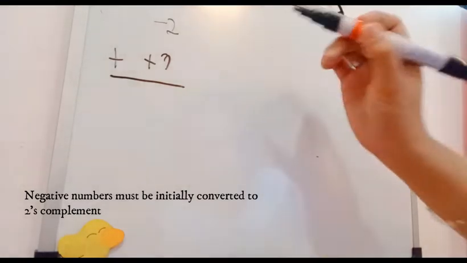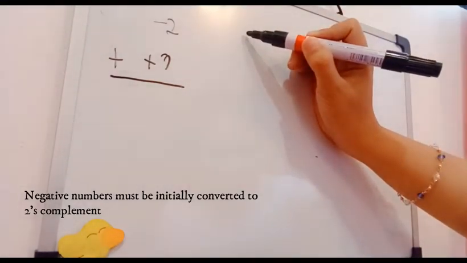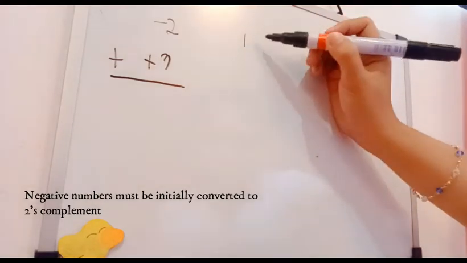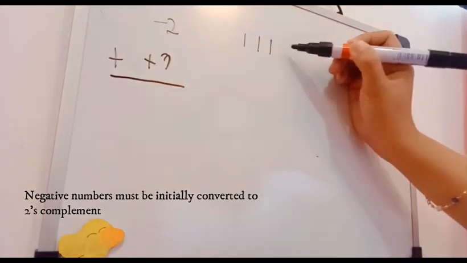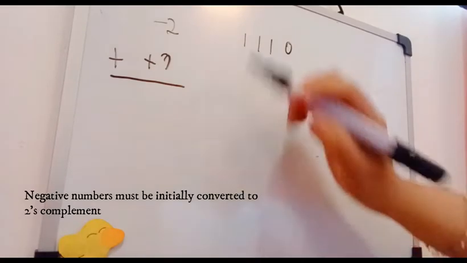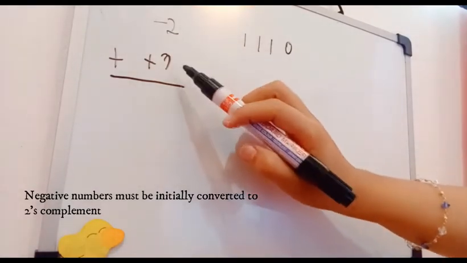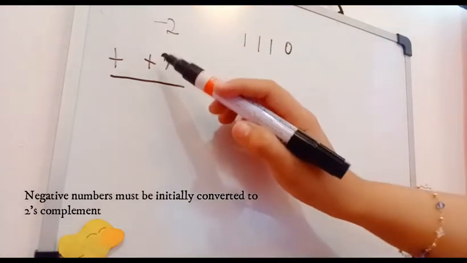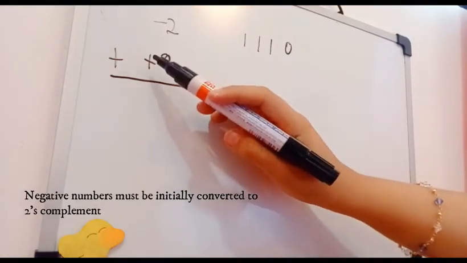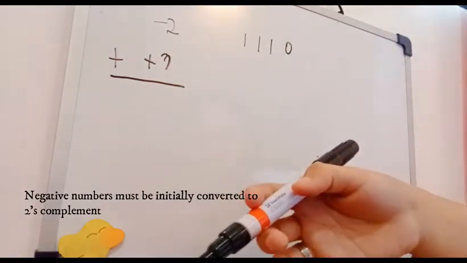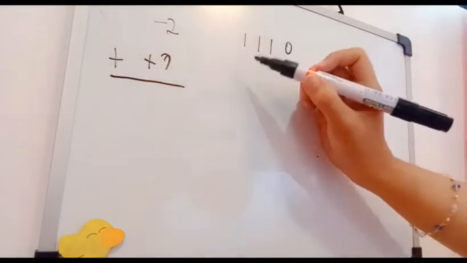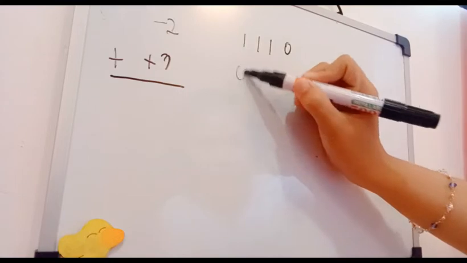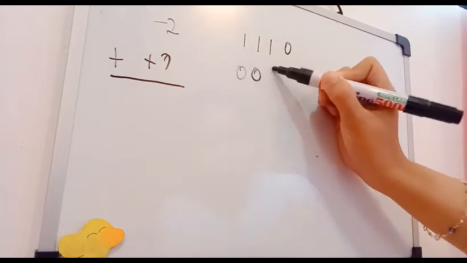So, diretso ko nilang gawin dito. The 2's complement of negative 2 is 1, 1, 1, 0. And then, next, ang positive 3, of course, hindi mo na siya kailangan i-convert to 2's complement because its sign is positive. So, just convert it to its binary form. The binary form for positive 3 is 0, 0, 1, 1.